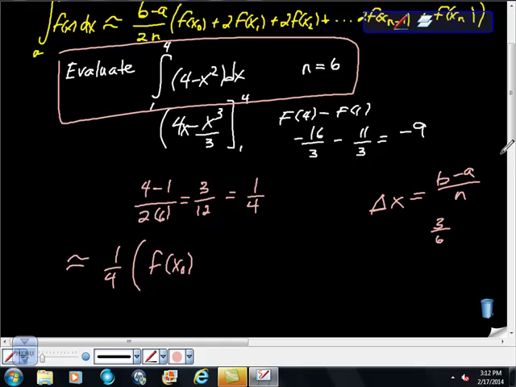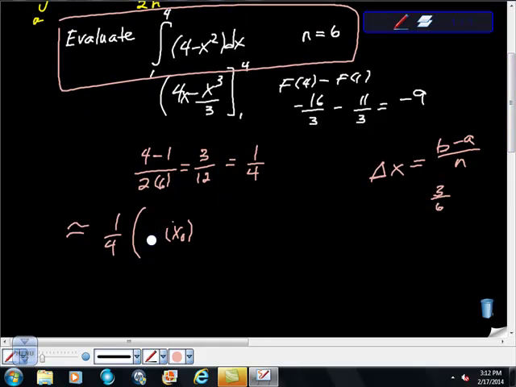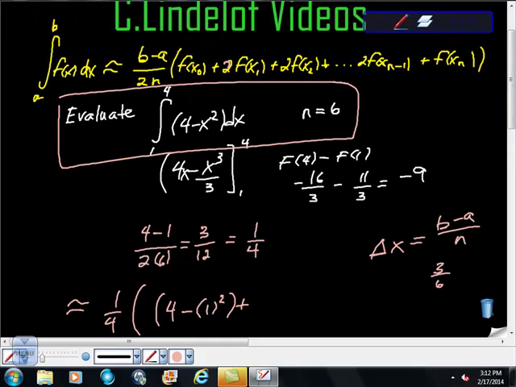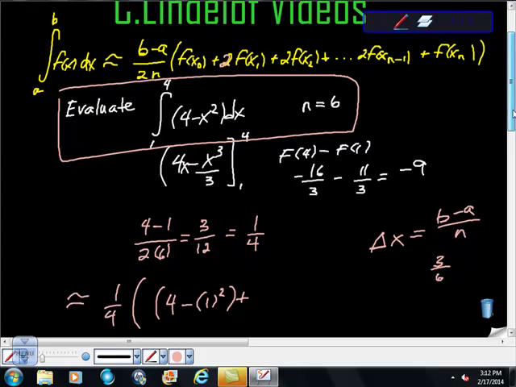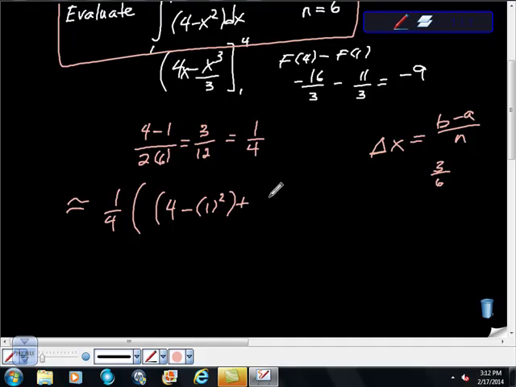We're going to start at 1, right? So all I'm going to do is plug this thing in. I'm going to take 4 minus 1 squared, plus, all I'm doing is just following this pattern. This 2 right here is this one. I'm going to take f of the next x. So the next one, remember, we're going by 1/2. So I would do the same thing.